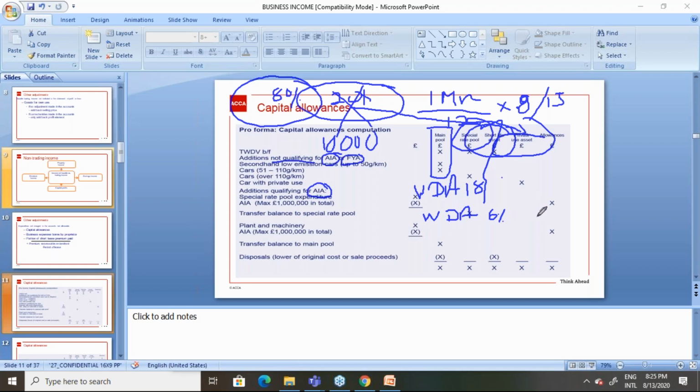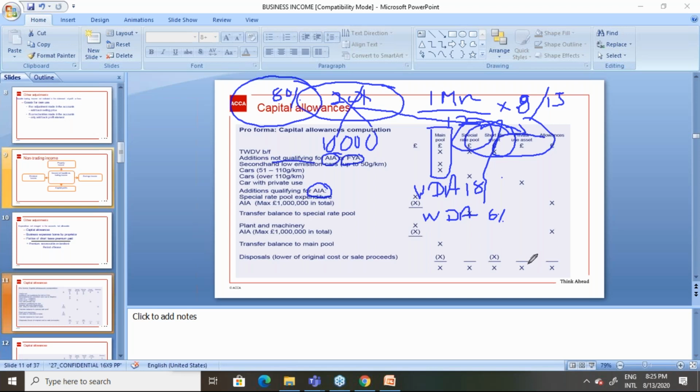If the period of account is 12 months; if it is different from 12 months, then you need to time apportion again. Short life asset, you maintain a separate column, and within a period of 8 years, you will sell the asset. At that point, you can claim either the balancing allowance or balancing charge.